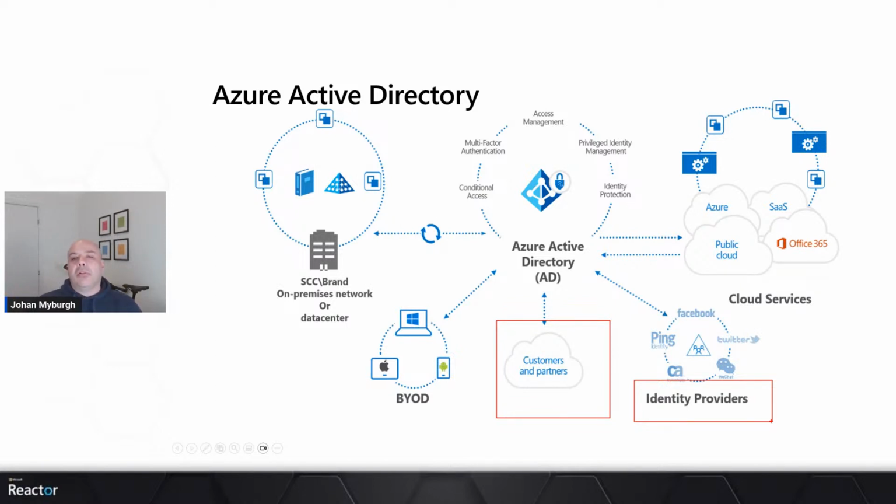So for example, my organization might be using something like Salesforce. I can authenticate to Salesforce through Azure AD, but I can also access my Azure AD information or Microsoft Cloud related information by offsetting that authentication to something like Facebook, for example, right?